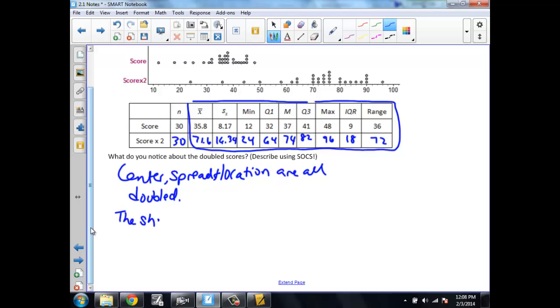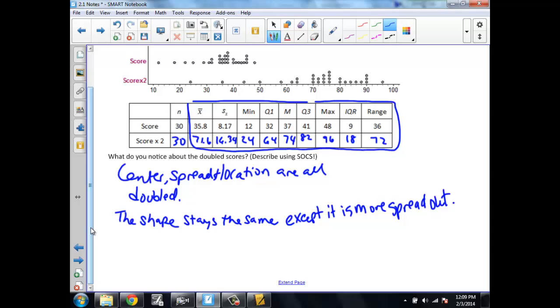The shape is still the same, it's just more spread out. The shape stays the same, except it is more spread out. It's still skewed, it's still got your same clusters and gaps.